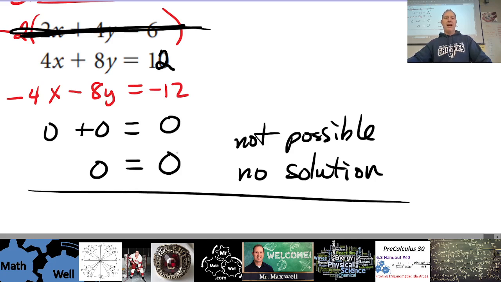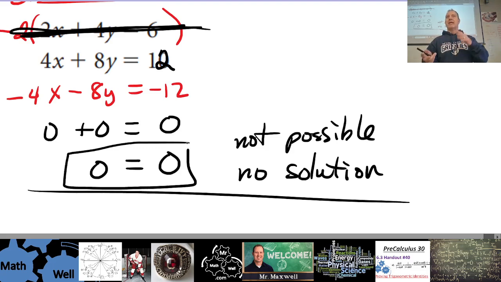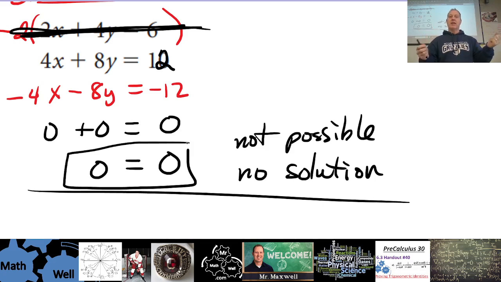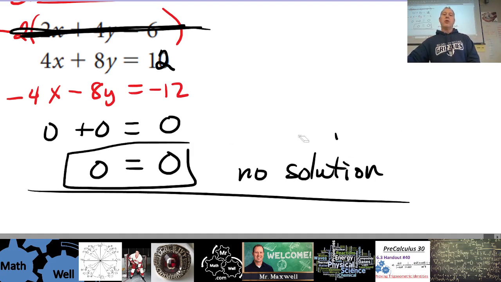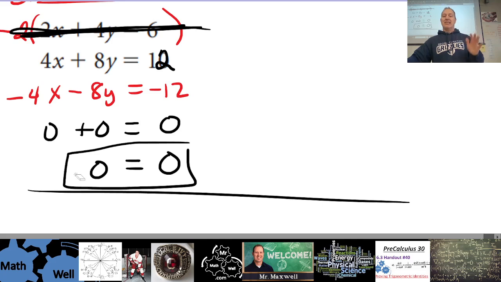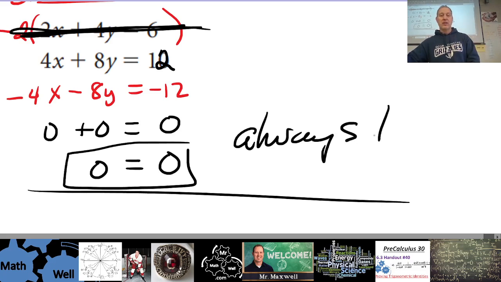Now, if you had 0 equals 0, or a number equaling itself, like 5 equals 5, or -7 equals -7, then this is possible in any case. So this is always true. That means you have an infinite number of solutions.